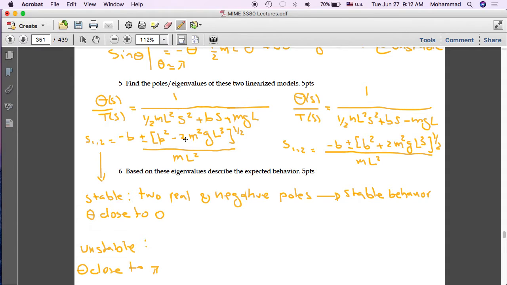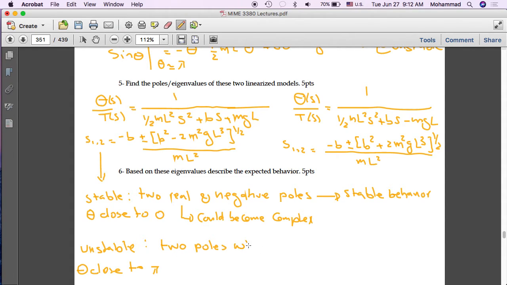So it becomes complex. So let's just qualify that: it could become complex. But what is important is that the real part will stay negative. That's what is important.